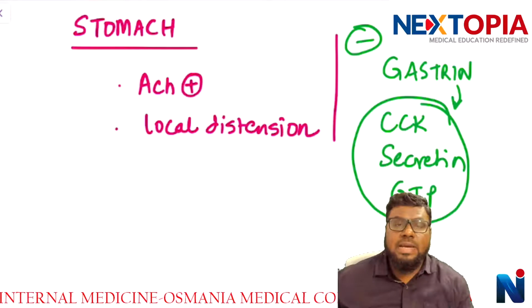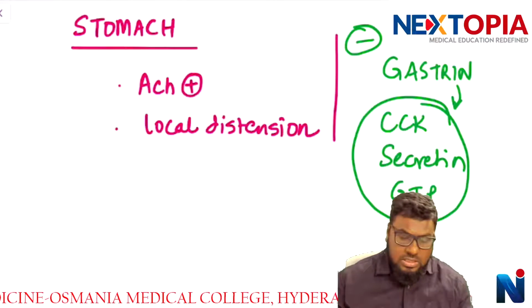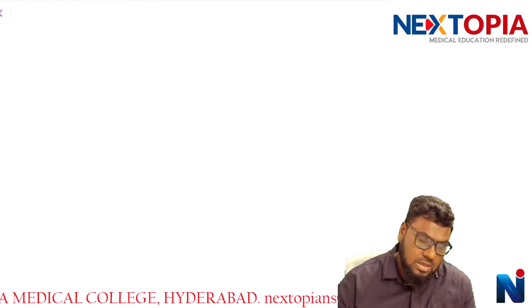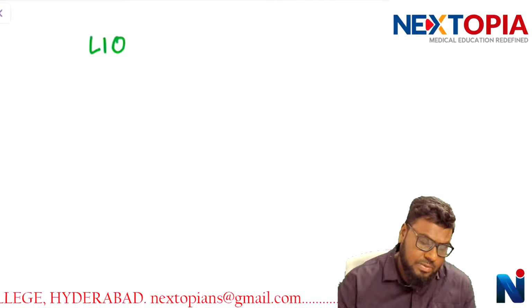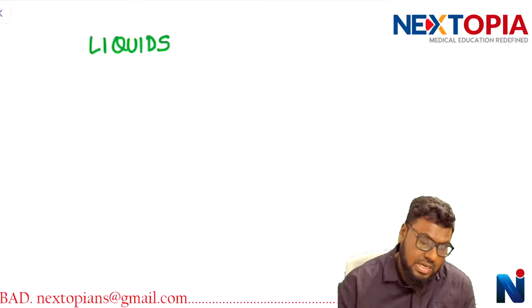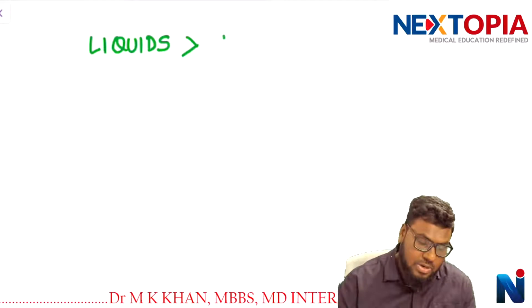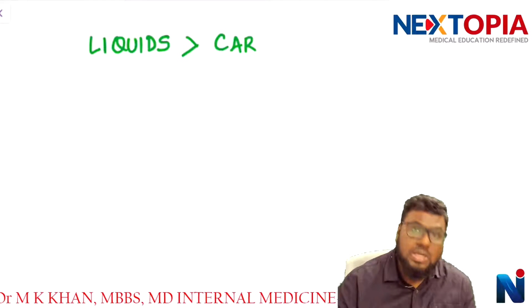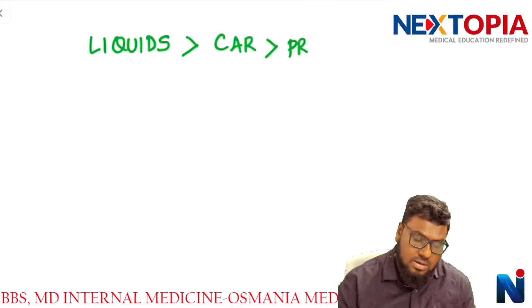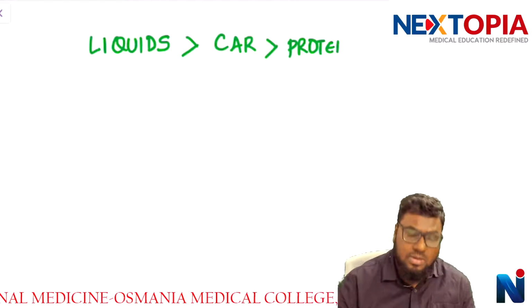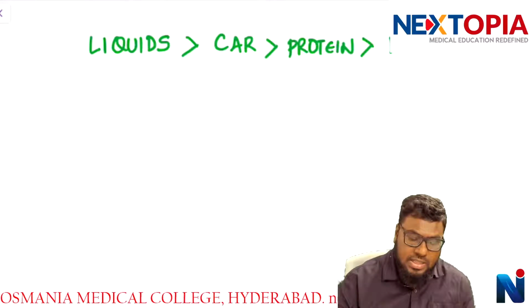Now, how does the stomach emptying occur? Stomach emptying is maximum whenever the stomach is full of liquids. Then carbohydrate emptying occurs first, then the protein. Protein emptying is faster than the fat.